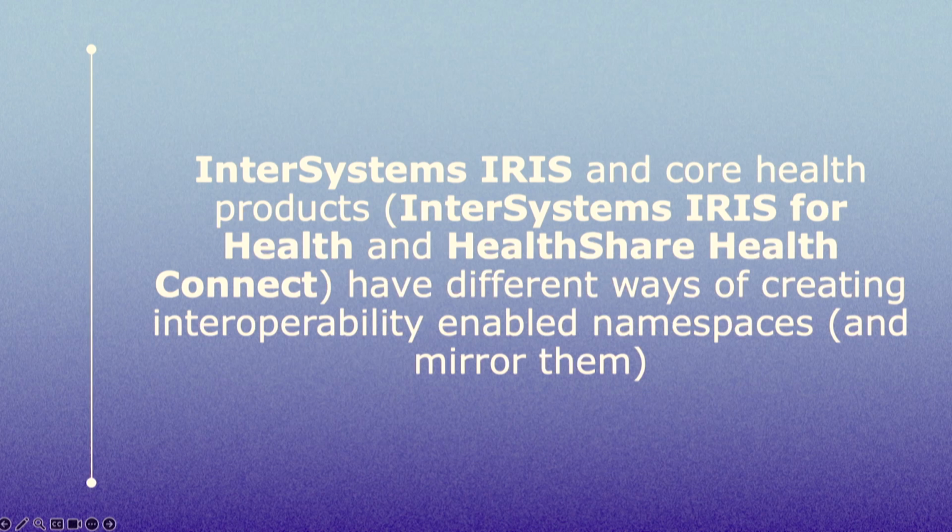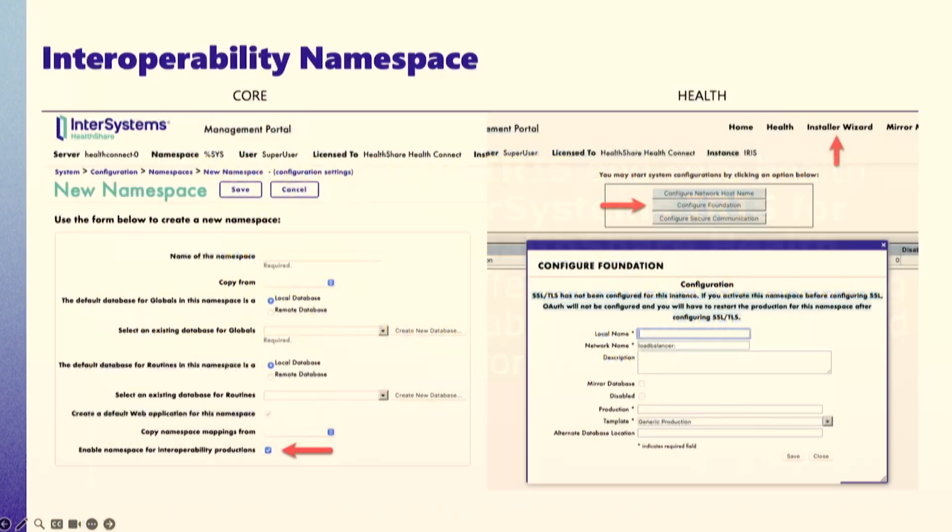As I just mentioned, InterSystems Iris and the core health products behave slightly differently, including the way we should create interoperability namespaces and how we can leverage mirroring in the creation of those namespaces. If you have a quick look to your left side, on an Iris instance, you would go to the namespace definition.